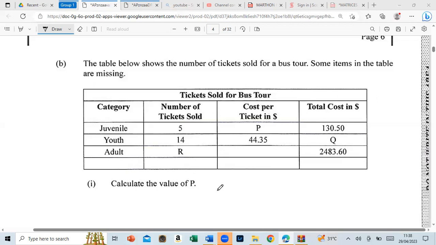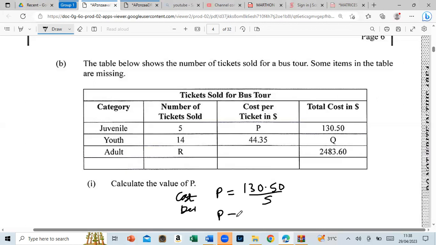P is equal to the cost per ticket. Let me just type out the words, cost per ticket. So the cost per ticket is equal to 130.5 divided by 5, because they multiplied this by 5, so we can just do the inverse and divide.